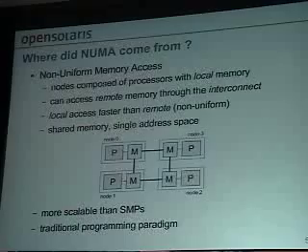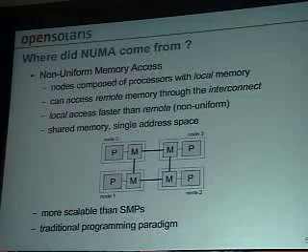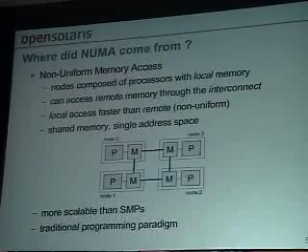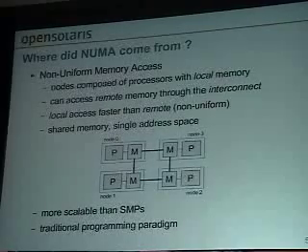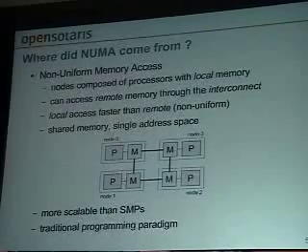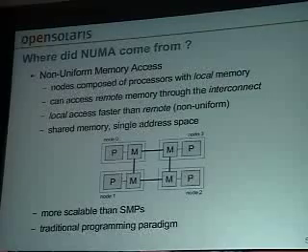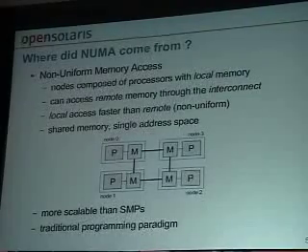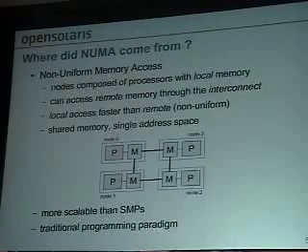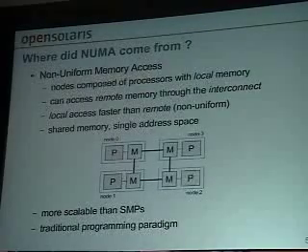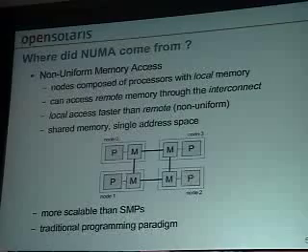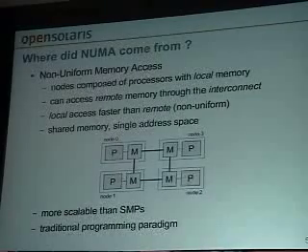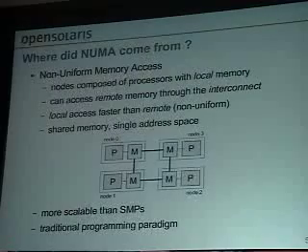Then you have local access. Each processor can access local memory, but can also access remote memory, the memory on the other nodes. But to do that, it has to go through the interconnect, which also adds latency. So it's a compromise solution between SMPs and clusters. It's much more scalable than SMPs, and it still is a traditional programming paradigm. You're still doing reads and writes regardless of which memory you're accessing. So it really is a compromise between clusters and SMPs.